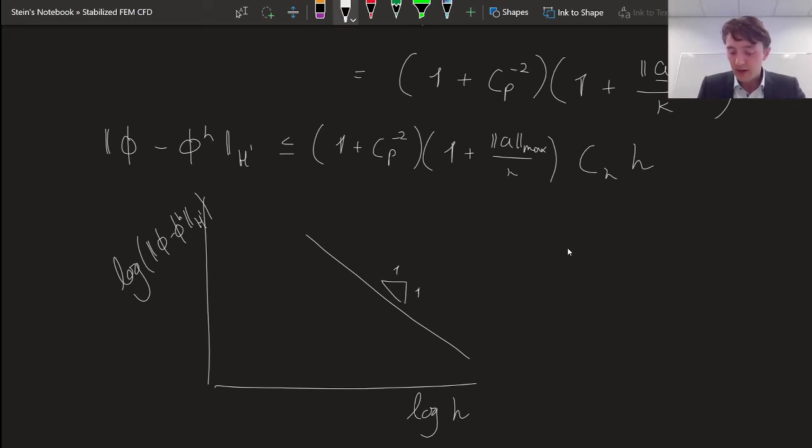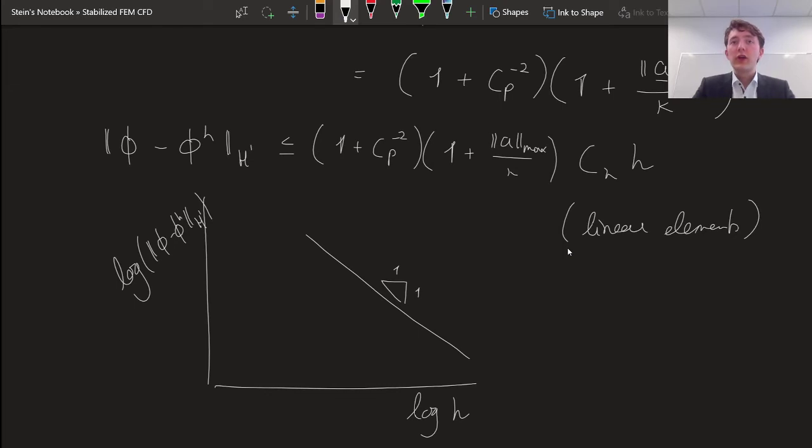So if I decrease my mesh size by a factor of 10, then my error is expected to also decrease by a factor of 10. If I were to measure my error in the L2, we typically expect p plus 1, right? And I'm saying right now 1, so this is already assuming linear elements.